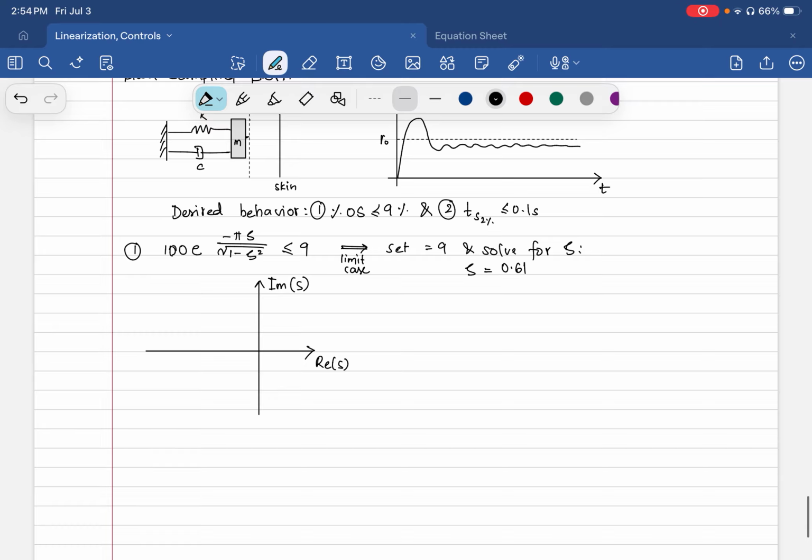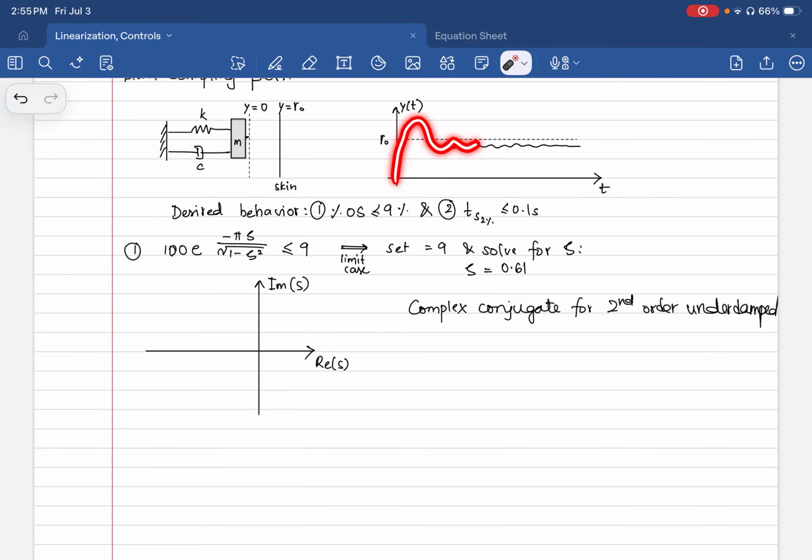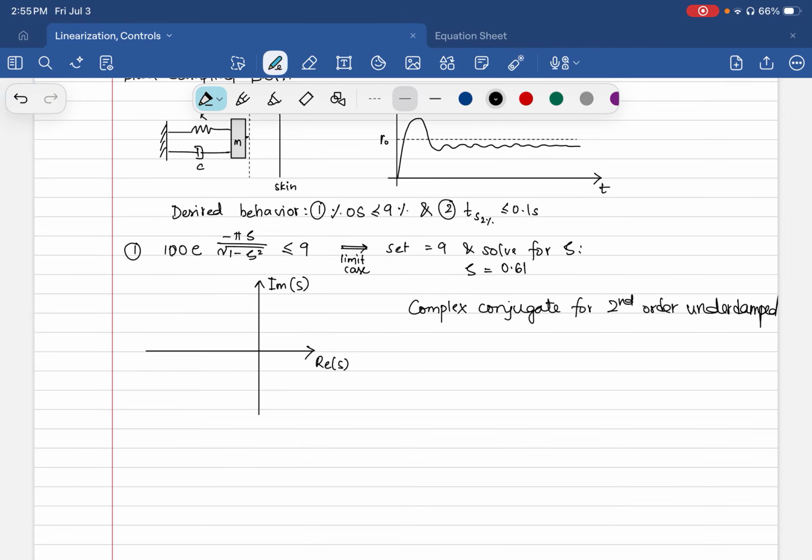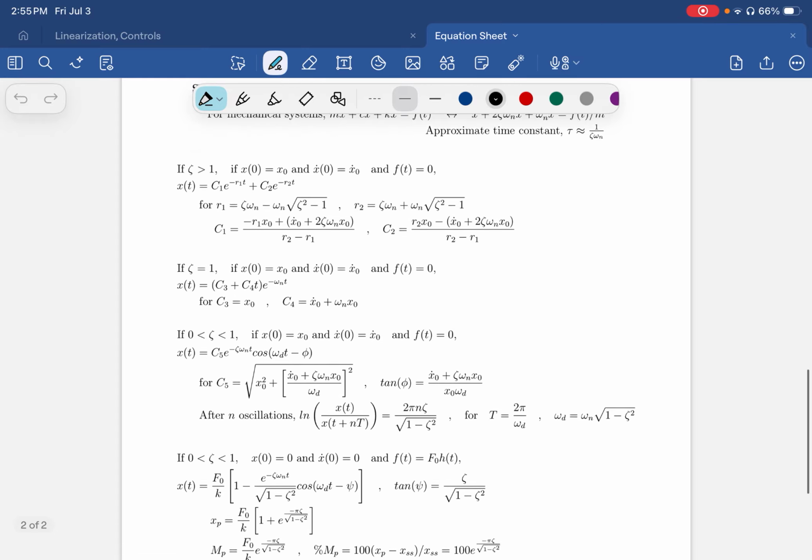So we'll have complex conjugate poles for second order. Why is it second order underdamped? Because when you look at the behavior, you see that there is this overshoot and oscillating behavior that happens in second order underdamped, at least in the cases that we have looked at. What are the roots?